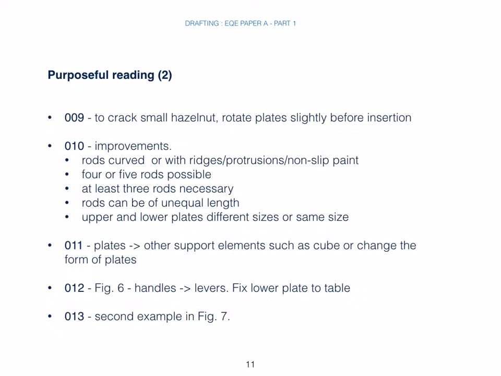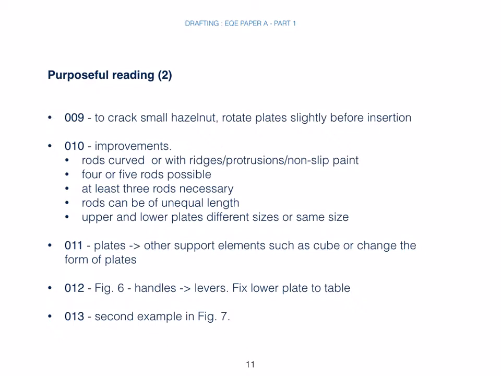and here the client says, I have noticed that if a nut is particularly hard, my hands slip on the plates 1 and 2 as I rotate them, so that I am unable to crack the nut. To solve this problem, other support elements for supporting the rods, such as cubes, could be used instead of plates.